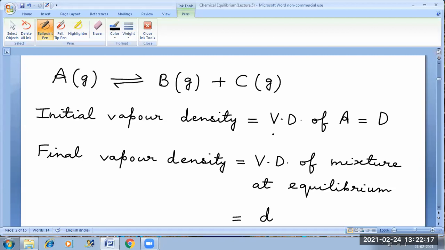Now, please keep writing. It's a derivation that we are doing here. So you have to understand the derivation.